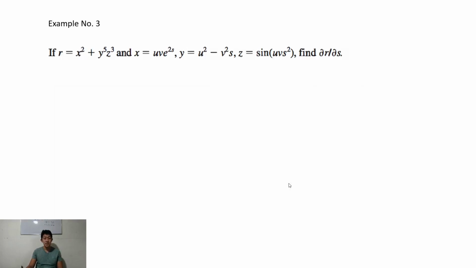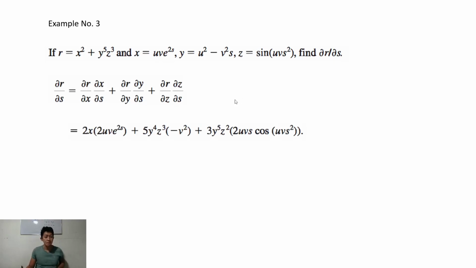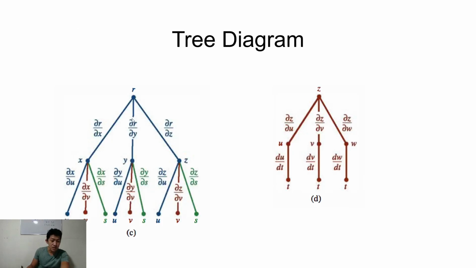Okay? Sample. R is function of x, y, and z, but x is function of u, v, s. So find partial of r with respect to s. So partial of r with respect to s is kani, no, based sa tree diagram. Partial of r with respect to x, partial of x with respect to s.